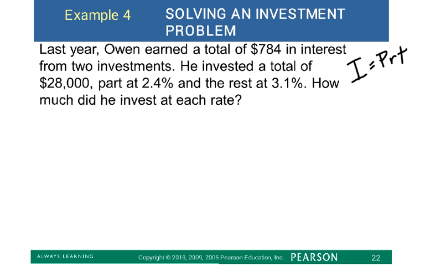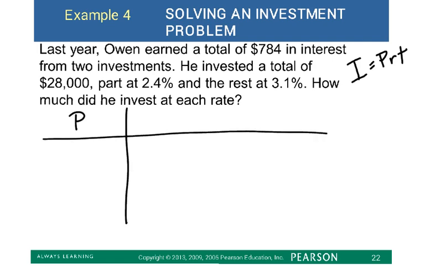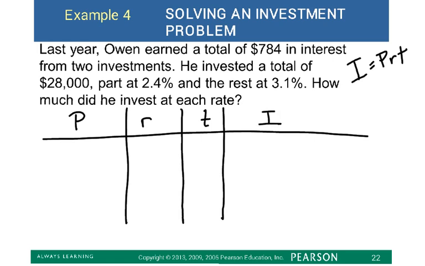Okay, so let's make a table of values like we did in the last one. We need to know our principal, and we need to know the rate, and we need to know time, and of course our investment amount.